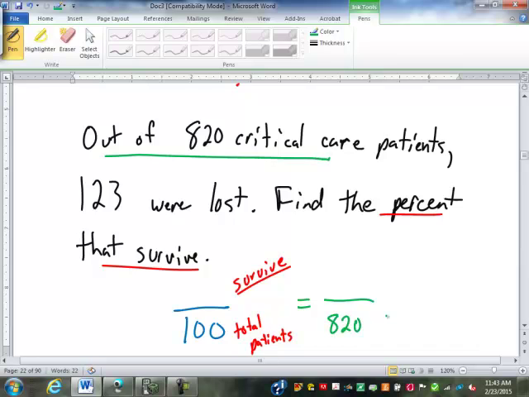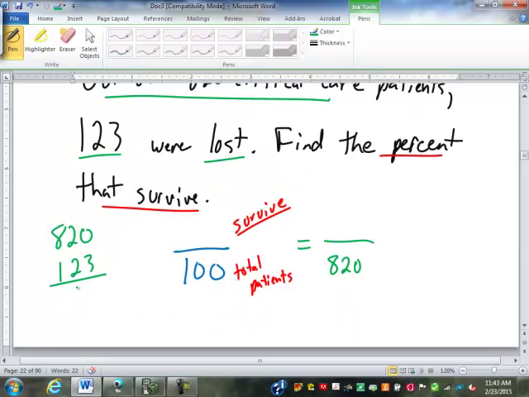That goes on bottom. What we don't find is the number of patients that survive. We find 123 were lost, but we don't find the ones that survive. So we have to do a little bit of work to find that number. Out of 820 patients, if 123 were lost, that means by subtracting, 697 survive. So that's the number that needs to go in here.